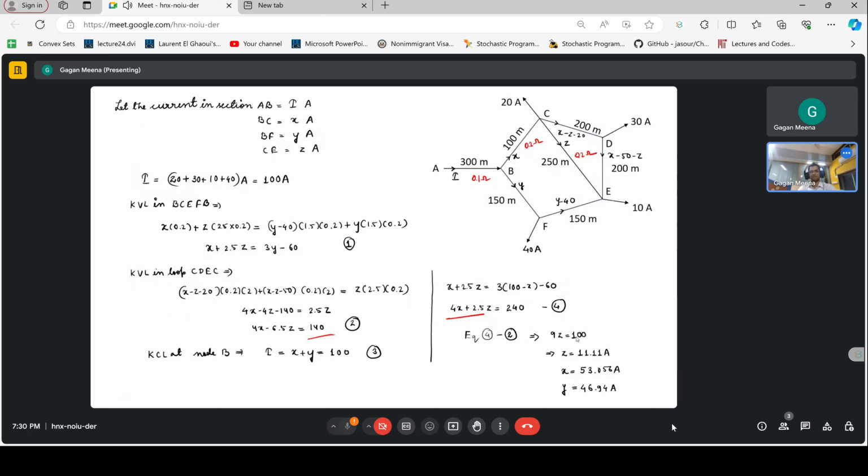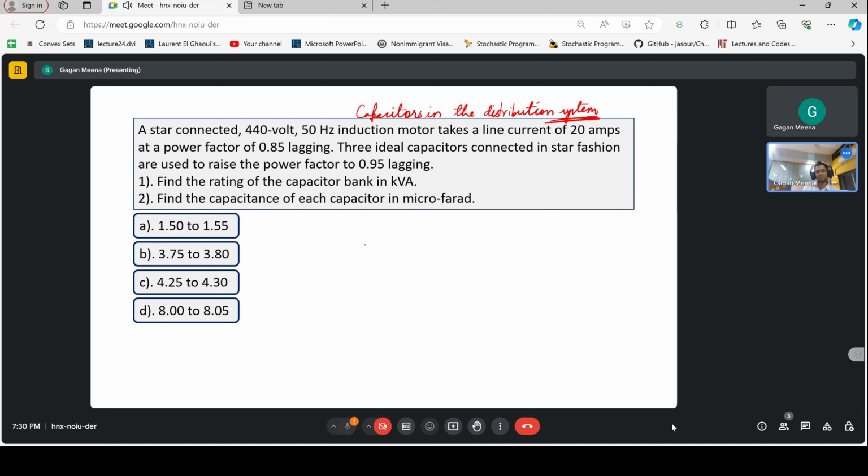This is the shunt component, and this is the series component. The main aim of shunt is primarily to reduce the losses, and series is to boost voltage.